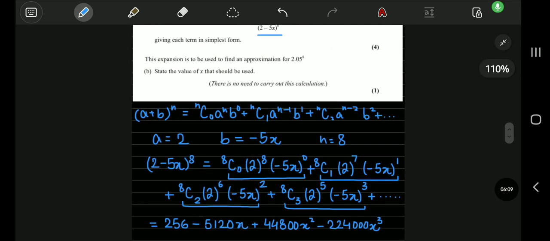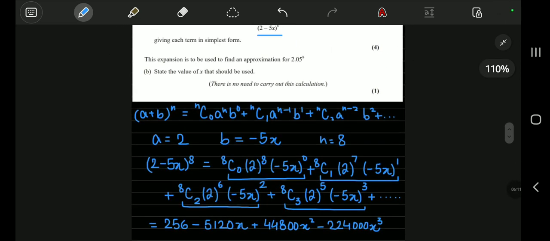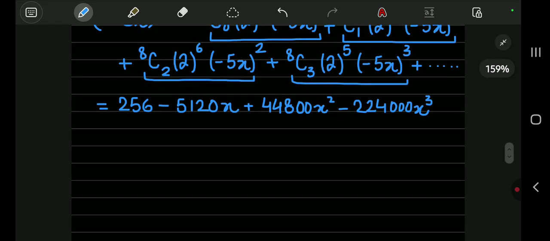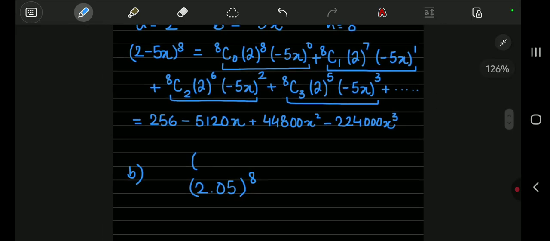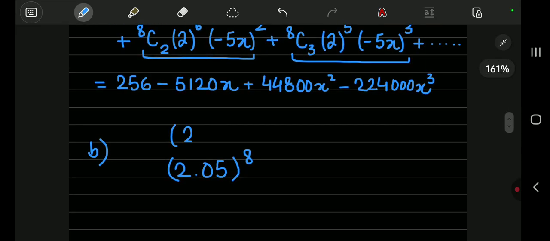Now part B. Part B says: the expansion is to be used to find an approximation for 2.05 to the power 8. State the value of x that should be used. Okay, 2.05 to the power 8, where your original expansion was 2 minus 5x to the power 8.